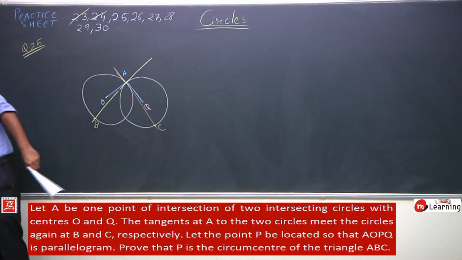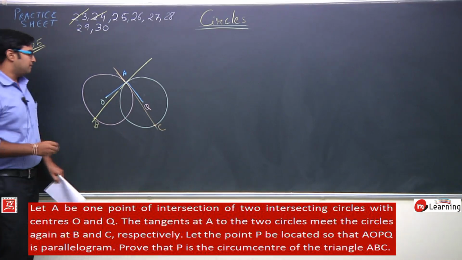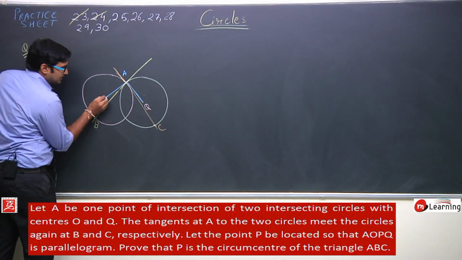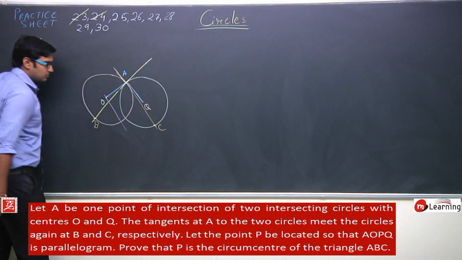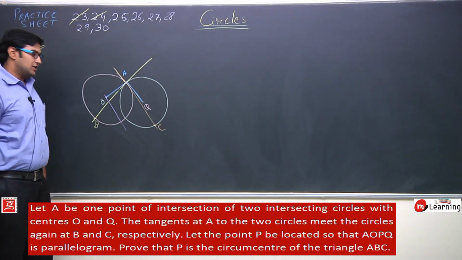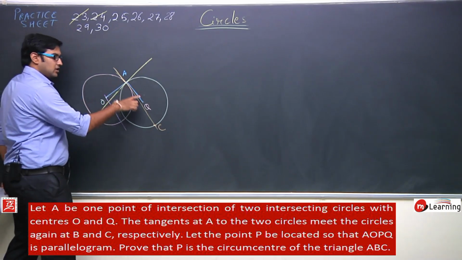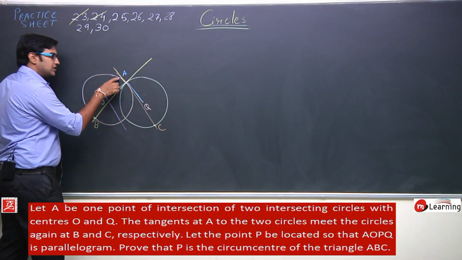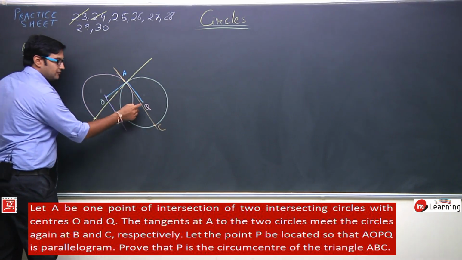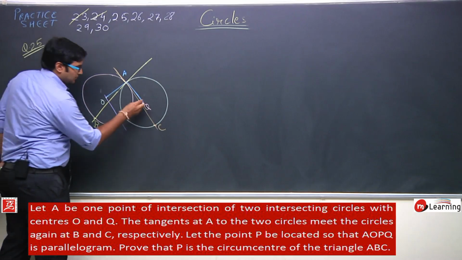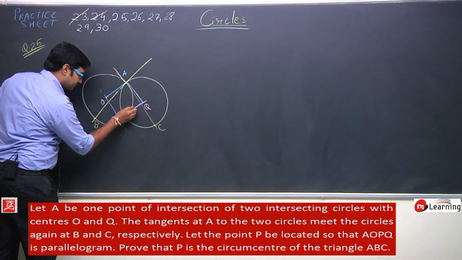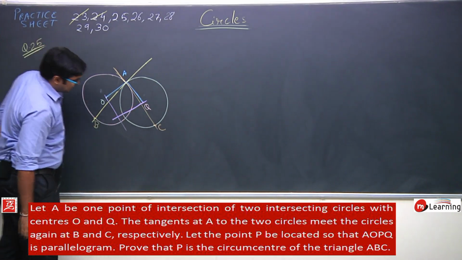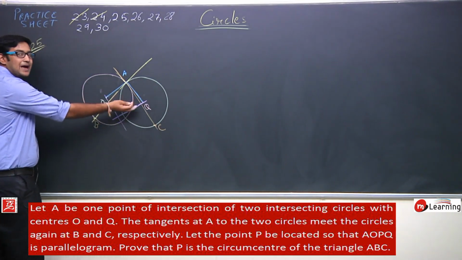We will draw a line parallel to AQ passing through point O, something like this. After that, we will draw a line which is parallel to AO and passing through point Q. Something like this. You can assume that this is a parallel line.